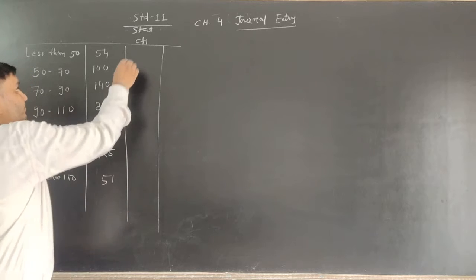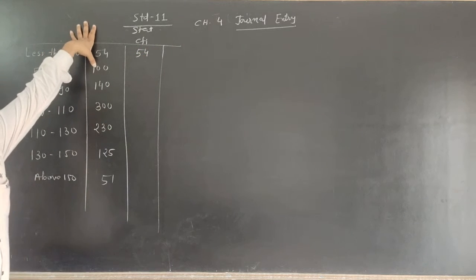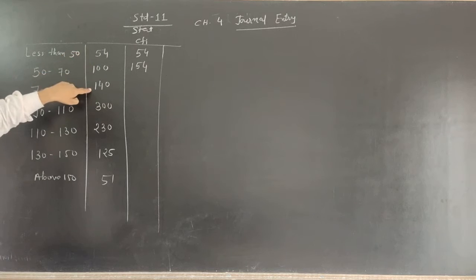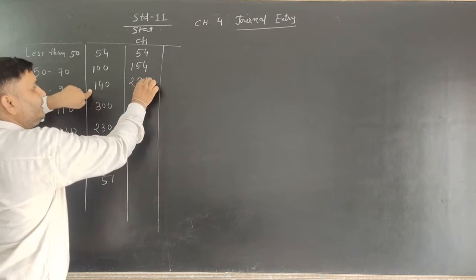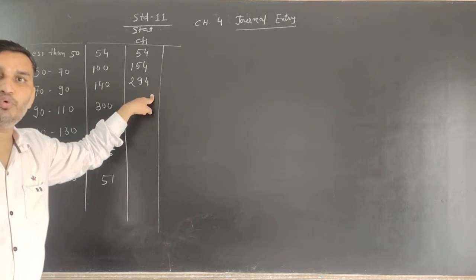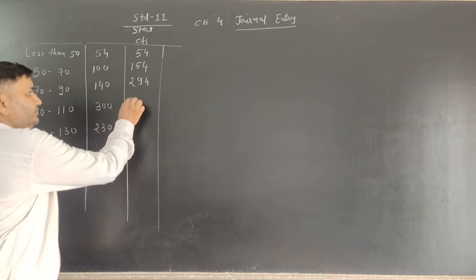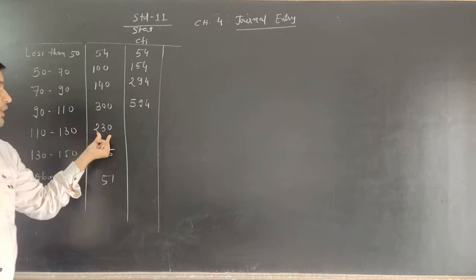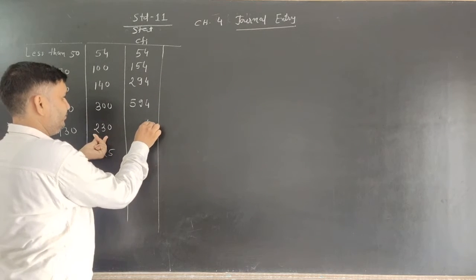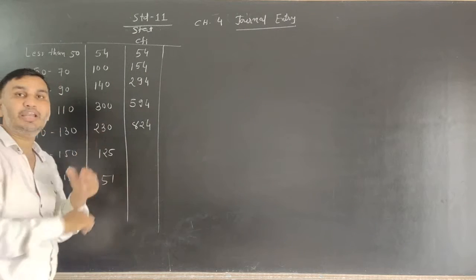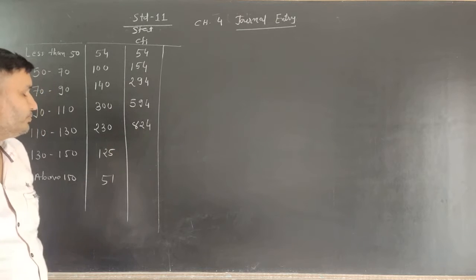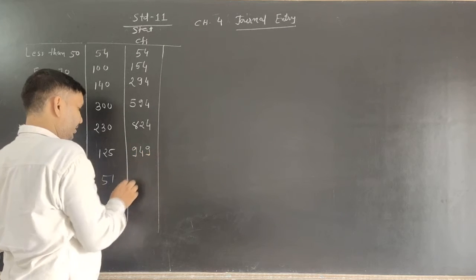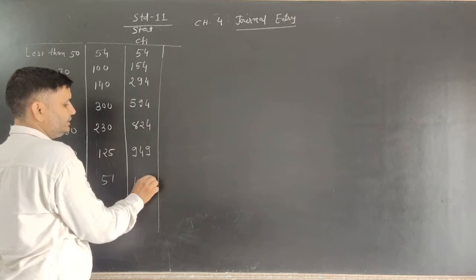54 plus 100, that is 154. 154 plus 140 is 294. 294 plus 300 is 594. 594 plus 230 is 824. 824 plus 125 is 949, and 949 plus 51 is 1000.